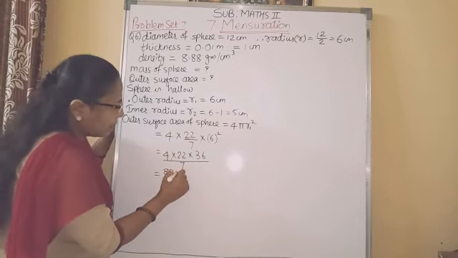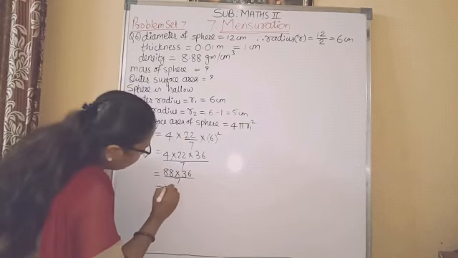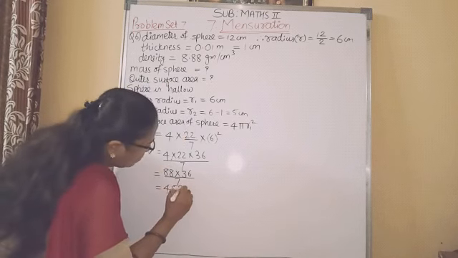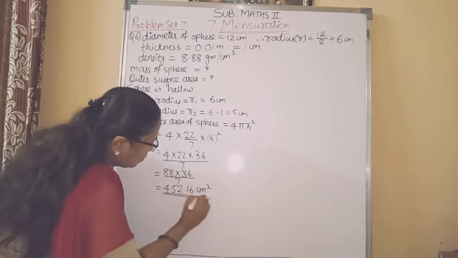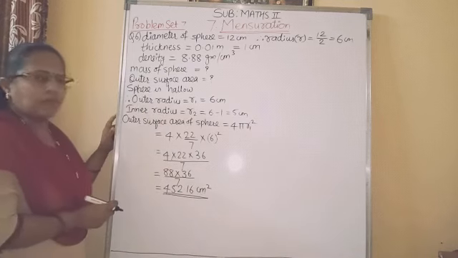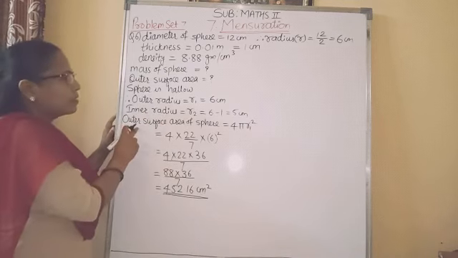So if you multiply this and divide by 7, you will get answer 452.16 centimeter square.